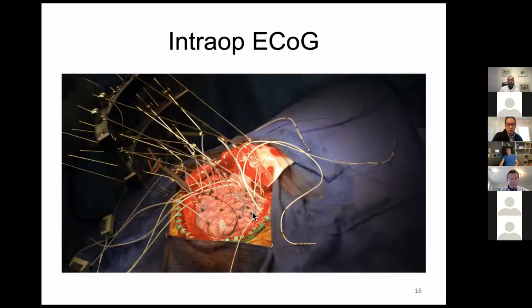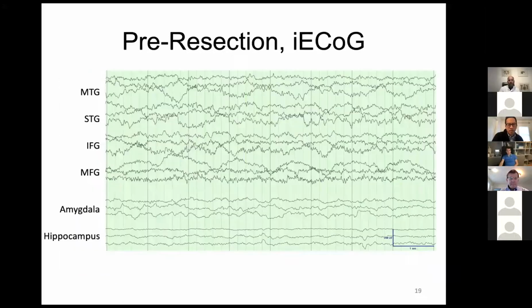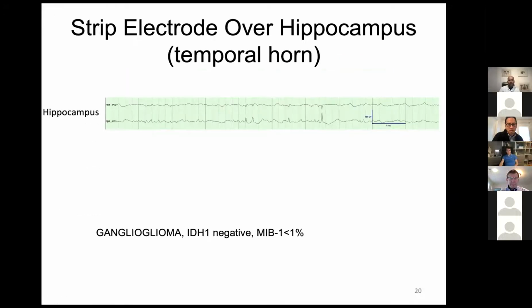So pre-resection intraoperative electrocorticography from multiple areas, from the lateral frontal and temporal regions, as well as from the amygdala and hippocampus. And in this particular case, this time it looked pretty benign. So we resected the lateral component of the temporal lobe and placed a strip electrode over the hippocampus.